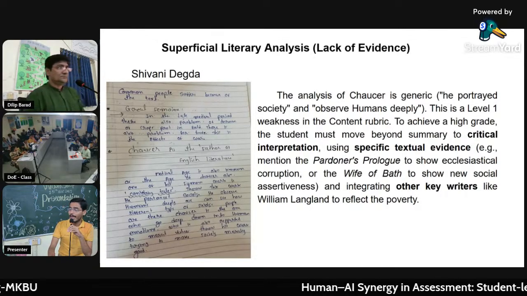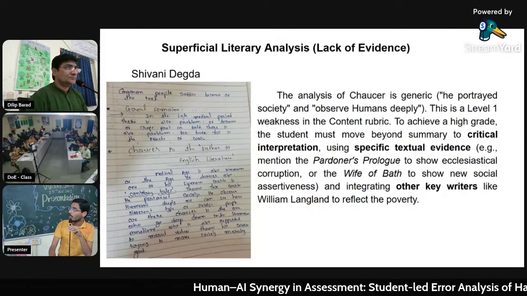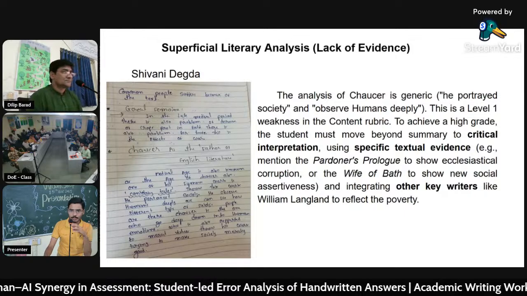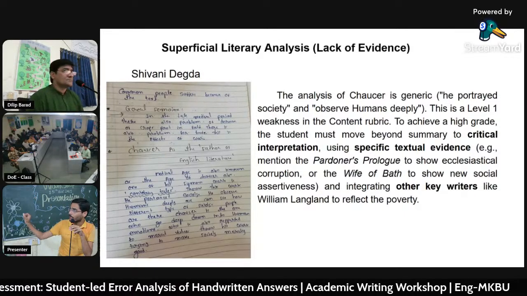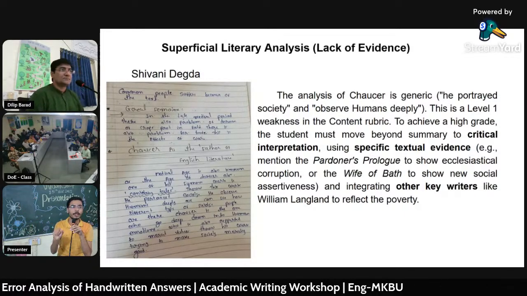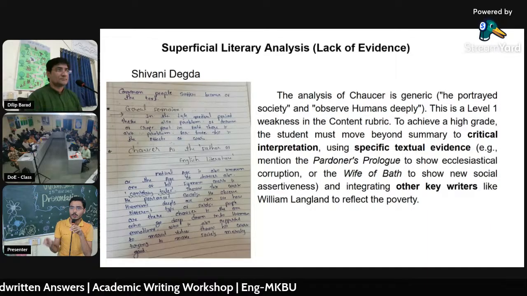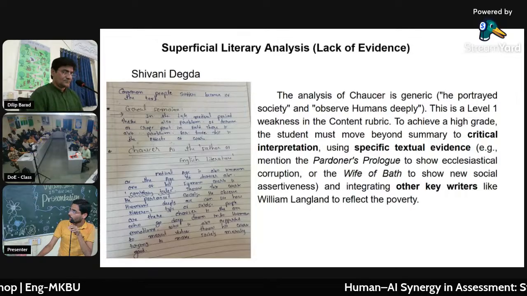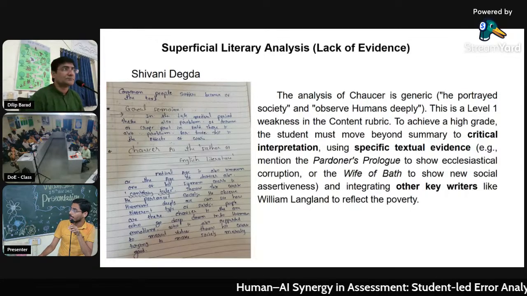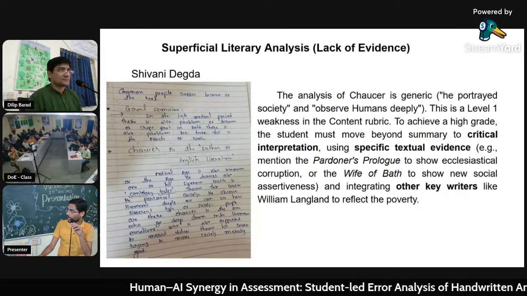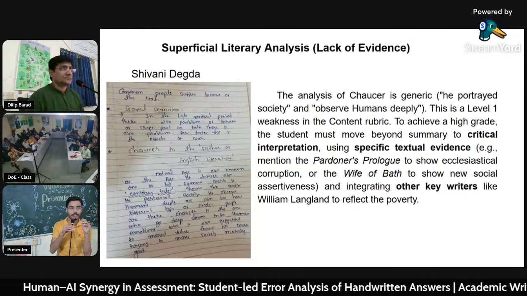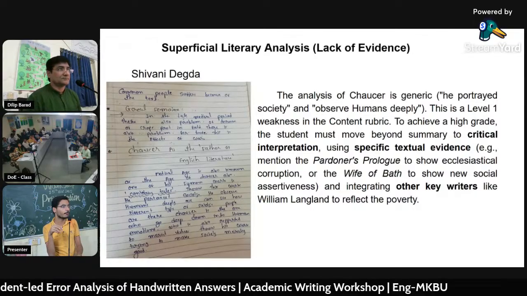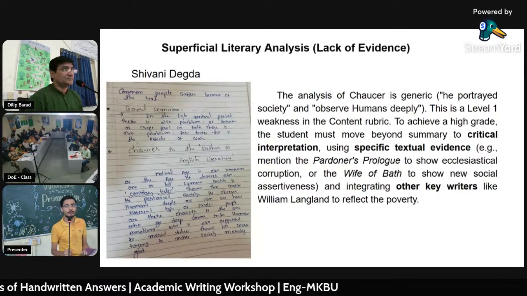For example, AI suggested that she should highlight the Pardoner's Prologue or the Wife of Bath's Tale in Chaucer's Canterbury Tales regarding the socio-political background. AI gave her a good suggestion to improve her answer, and she should also include some key writers of that age. So that was from my side. Now I would like to call my other group members to discuss their point of view, which AI had given to them.